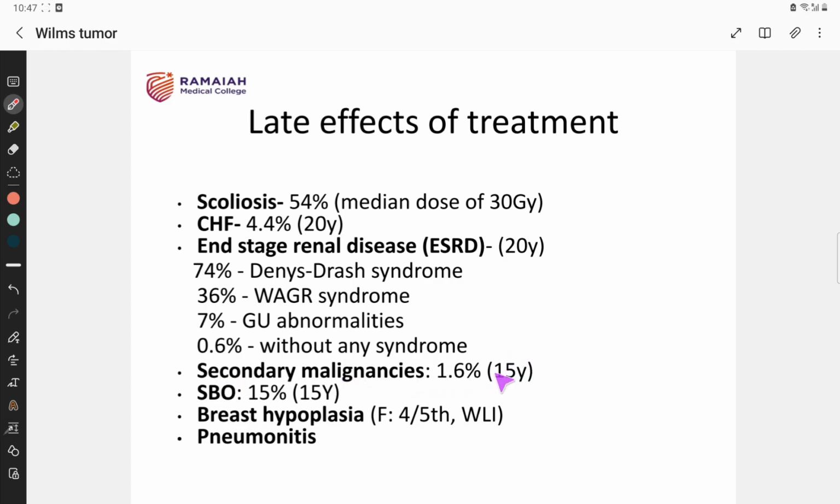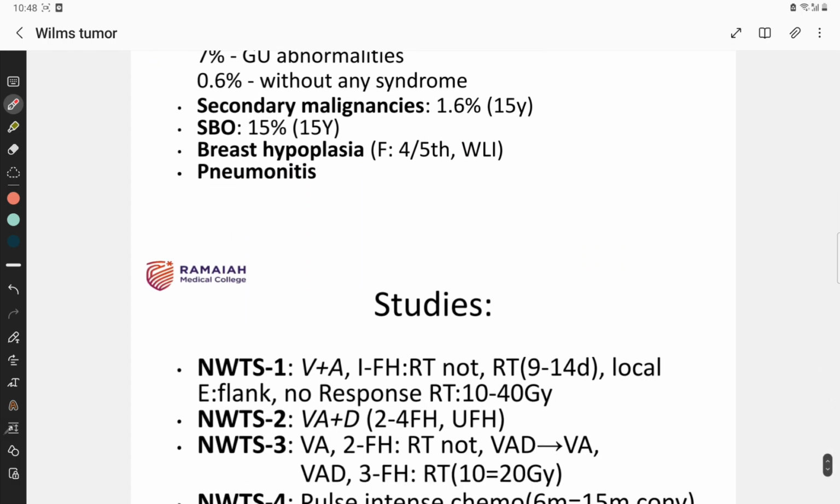Secondary malignancies at the 15-year cumulative incidence is 1.6%, small bowel obstruction at 15 years is 15%, and breast hyperplasia: for female patients who receive whole lung irradiation, 4/5 of them had underdeveloped breasts, and the risk is pneumonitis.